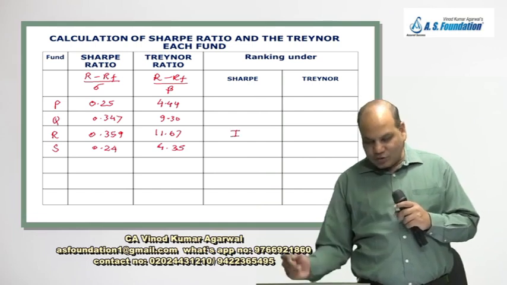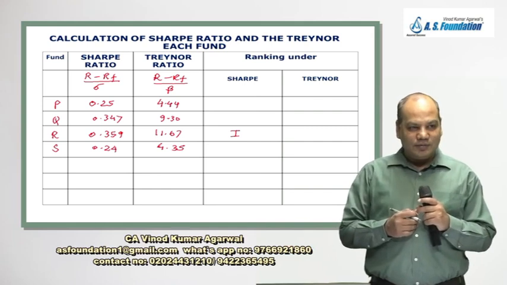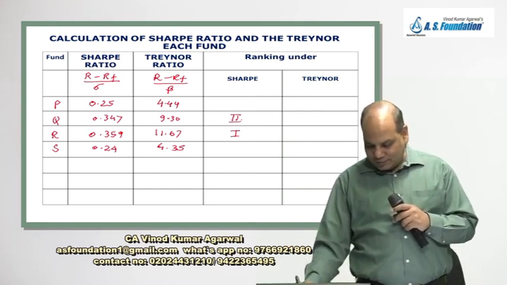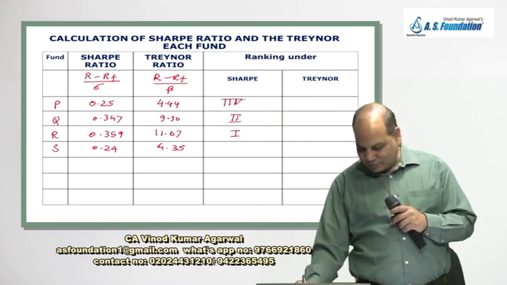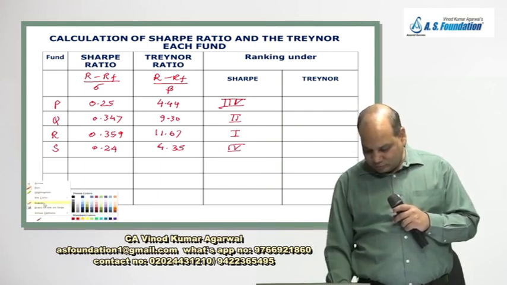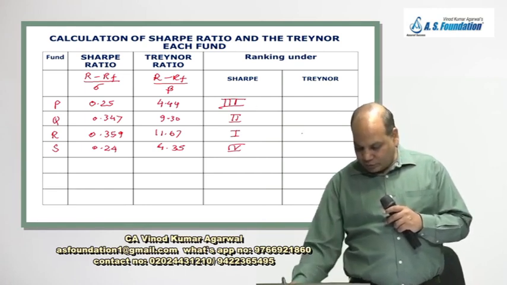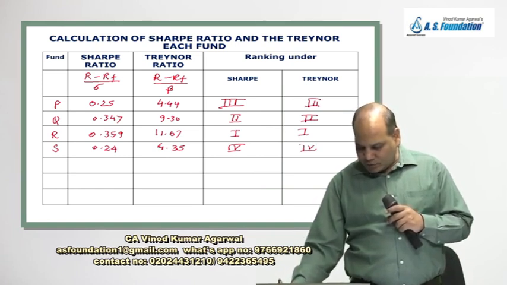First rank goes to R. Second rank Q. Third P. Sorry, this is third. This is fourth. Now try this one. First, second, third, fourth.